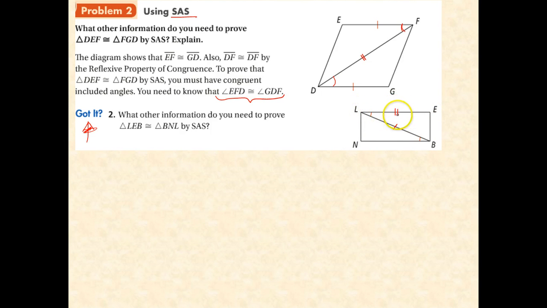I need this, right? Because then I would have my congruent angle included in between my congruent sides. So I need to be able to show that segment LE is congruent to BN. So that, my friends, is the information we would need.